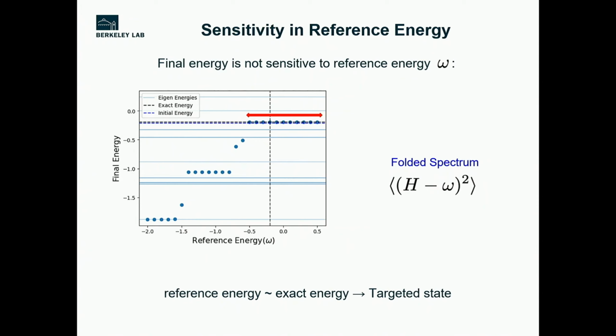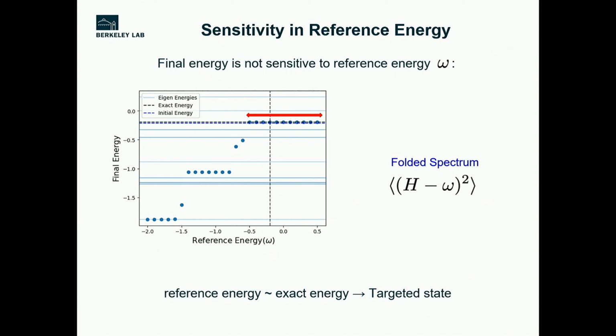On the x-axis, I am varying my reference energy omega in the cost function, and I do the optimization. I get the final energy, and that's what I'm plotting on the y-axis, and the different solid ones correspond to all of those points. These blue lines in the back show all the different eigenenergies, and I can see that my initial energy is very close to the actual one.